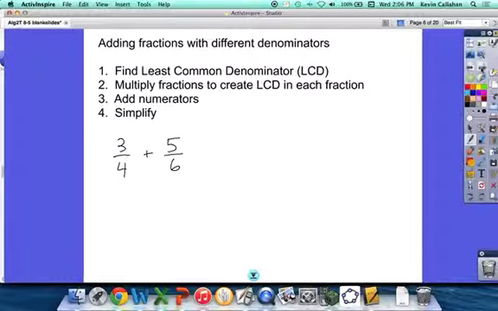And in order to make this fraction have a denominator of 12, I multiply it by 3 over 3. And I multiply this one by 2 over 2. Right? And I get 9 plus 10 over 12, which is 19 over 12.